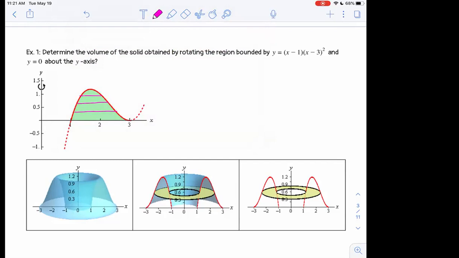Another thing that makes washer method not the best method here is I would need to know where the top of this little bump is, but I don't know where it is. Like I could kind of guess it's between 1.5 and 1, but I don't know an exact value, which means that I don't have a top bound if I wanted to set up washer method.